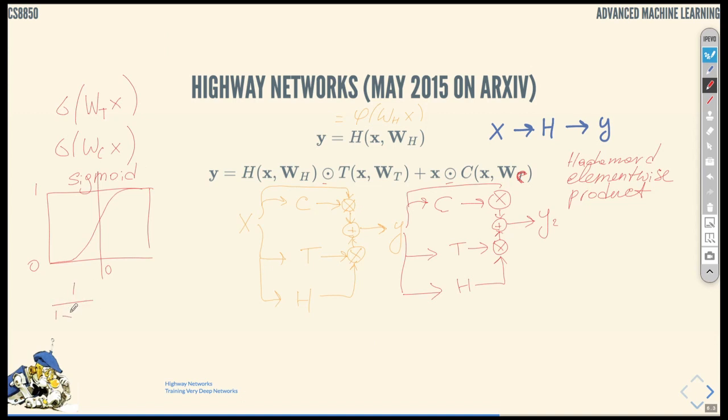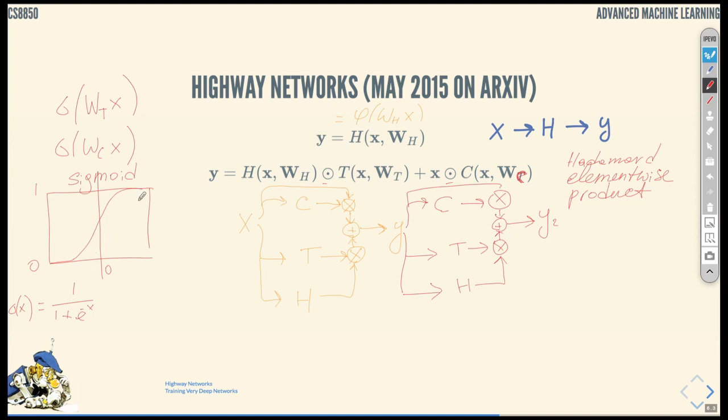As you remember from our logistic regression, it's that. The output of a transfer gate will be a vector with values between 0 and 1.